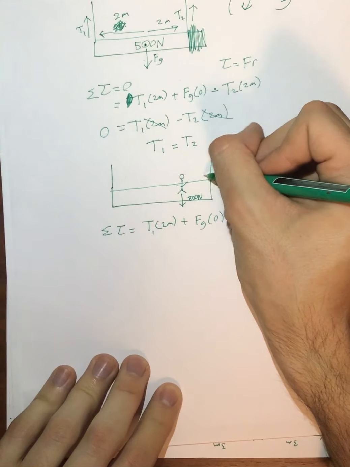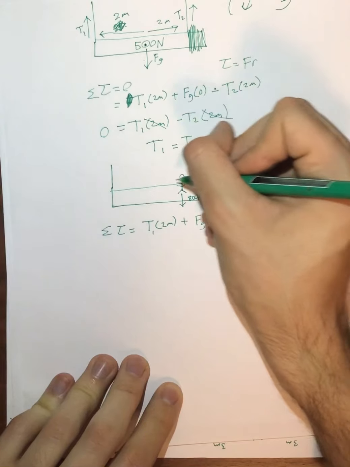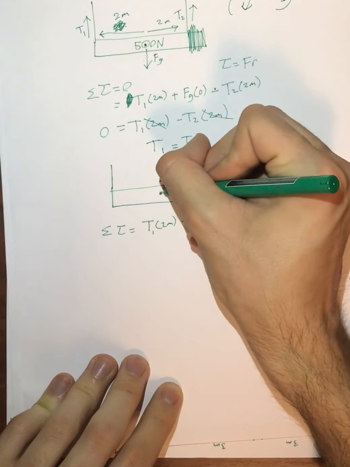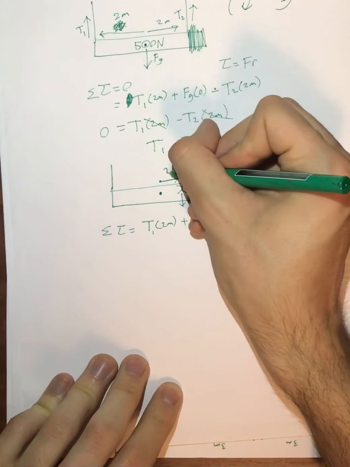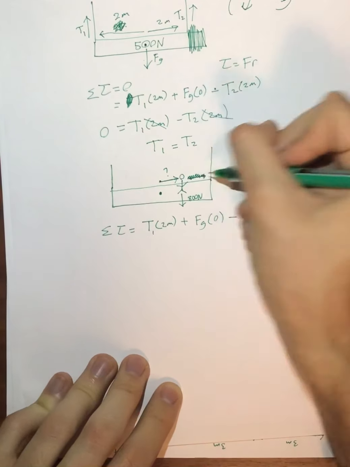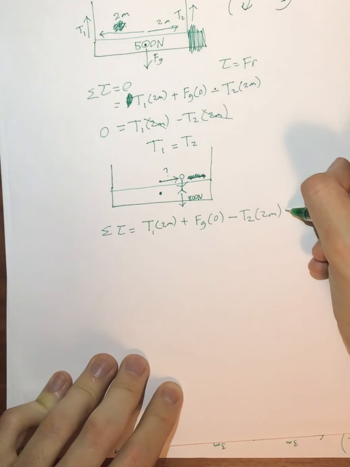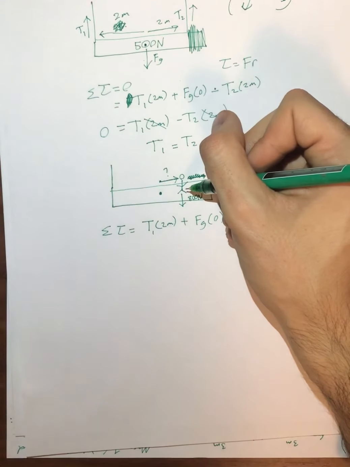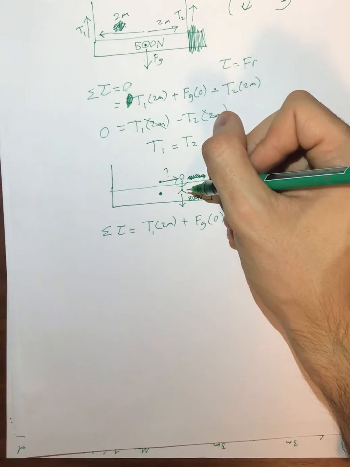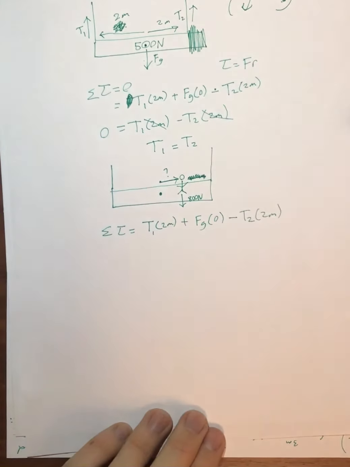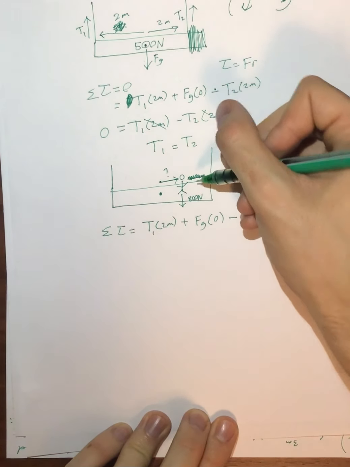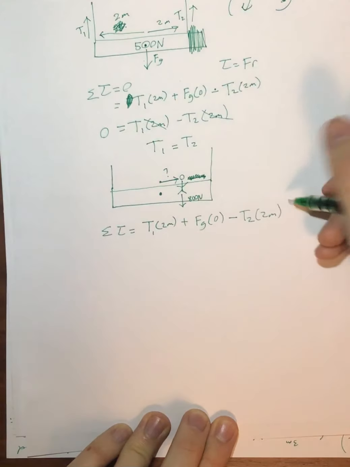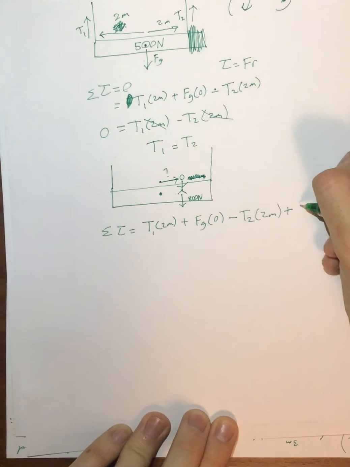He's going to be some distance away from the center of rotation. So we don't know what his distance is. But he weighs 800 newtons. And so I'm going to throw in, let's say he's standing on this side. That's okay, right? I'm not making a rule. So let's say he stands on this side, so he's also providing a positive torque to rotate it this way. So positive 800 newtons multiplied by some radius x.